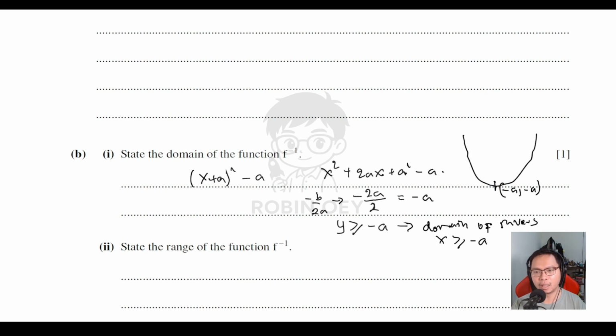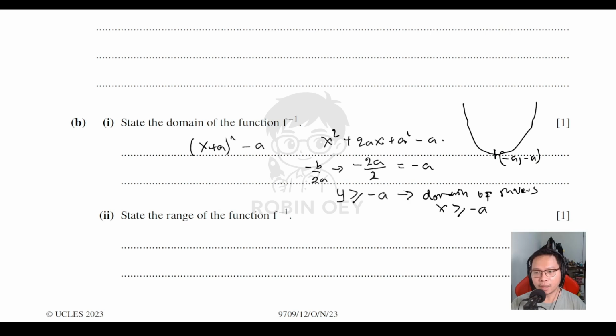All of the curve is above negative a. This is the range of the main function, and it becomes the domain of the inverse function. So the final answer is x greater than or equal to negative a.